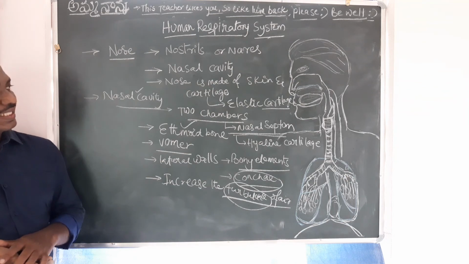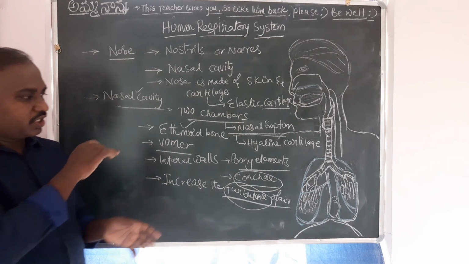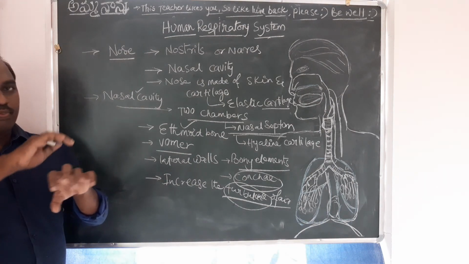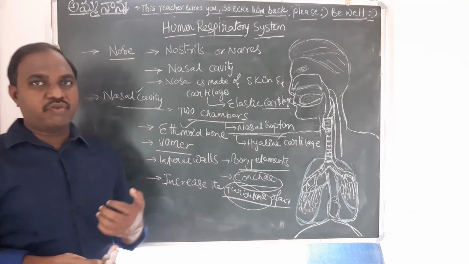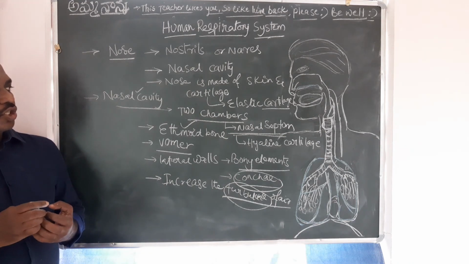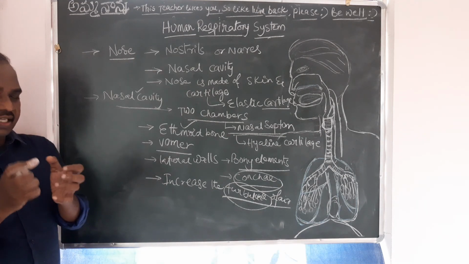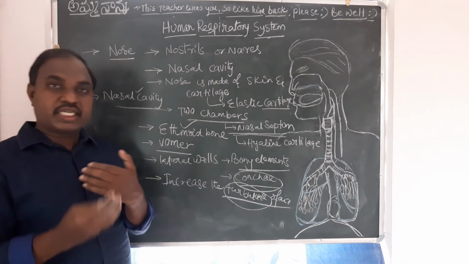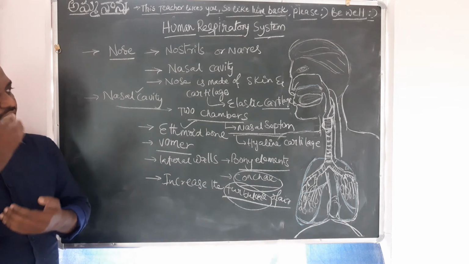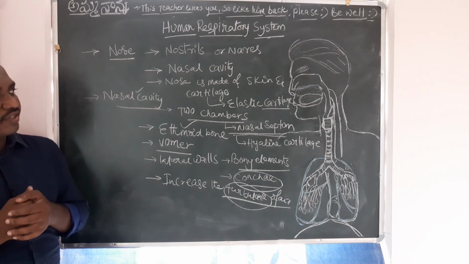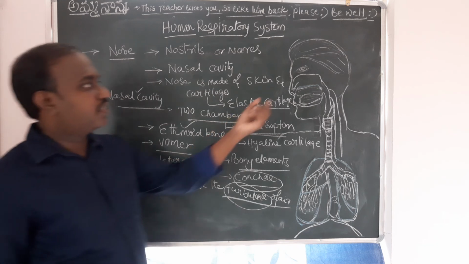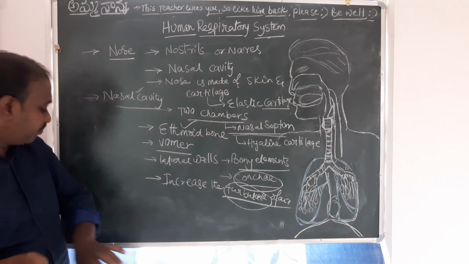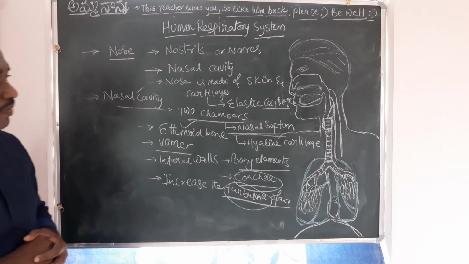What does that mean? This air that is coming into the nasal cavity is bounced around in the nasal cavity, so that dust particles and microorganisms which are present in the air are trapped in the nasal cavity itself. How will they be trapped?